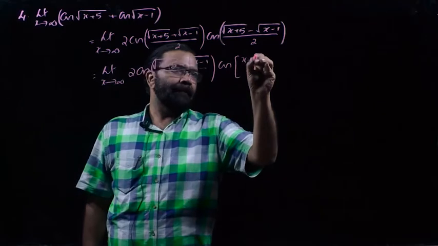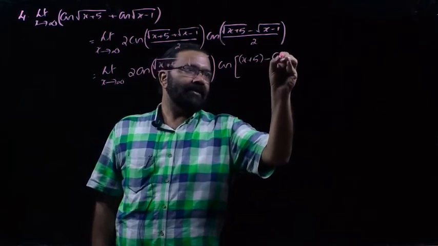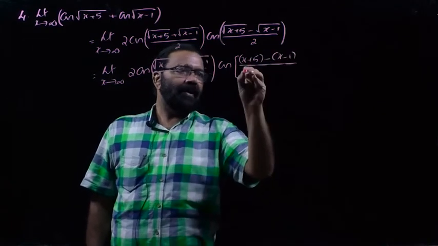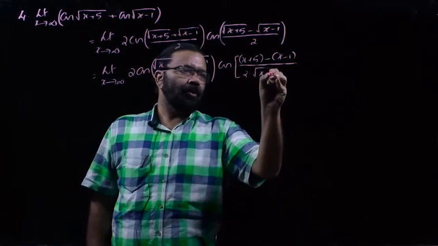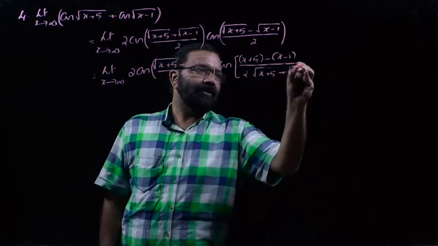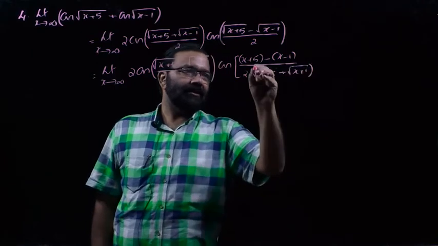So, it becomes x plus 5 minus x minus 1 divided by 2 into root of x plus 5 plus root of x plus 1. Okay.